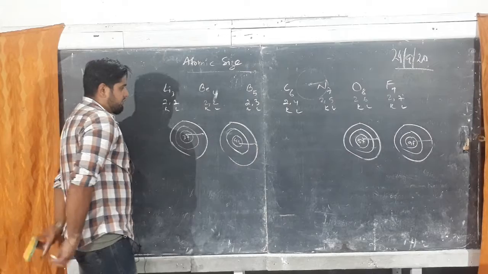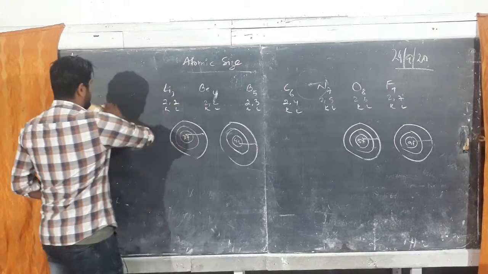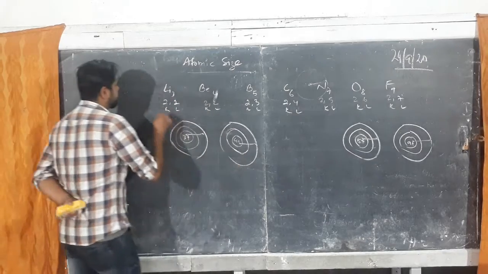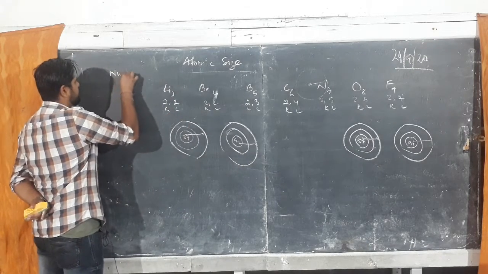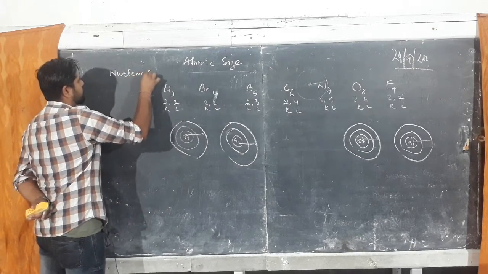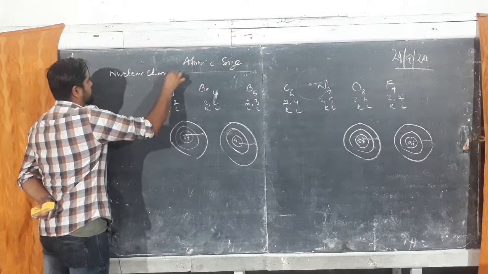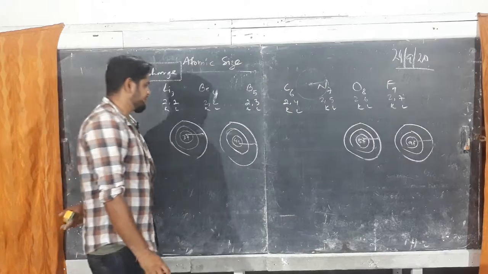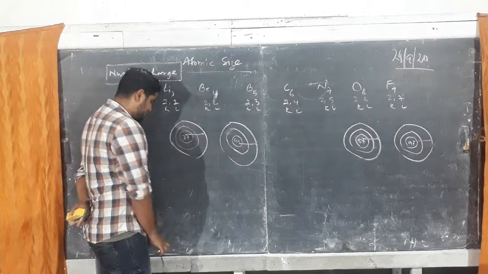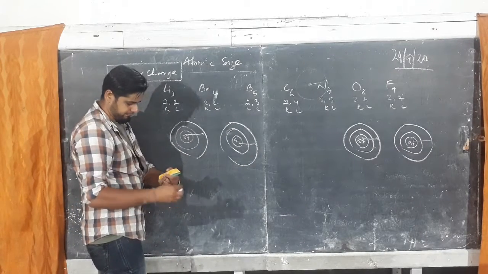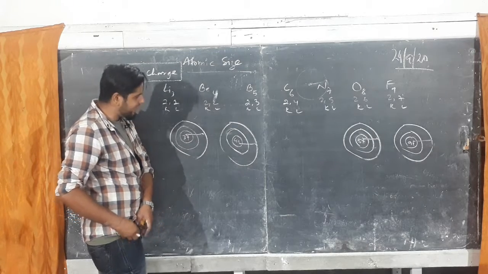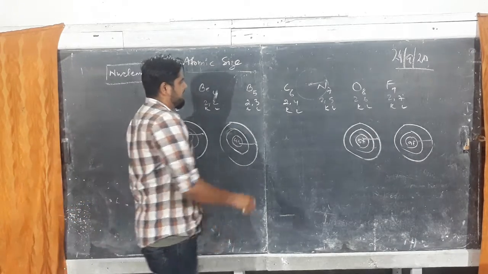So the factor which you have to understand here is called nuclear charge. Here how many nuclear charge we have? 3. In beryllium, 4.